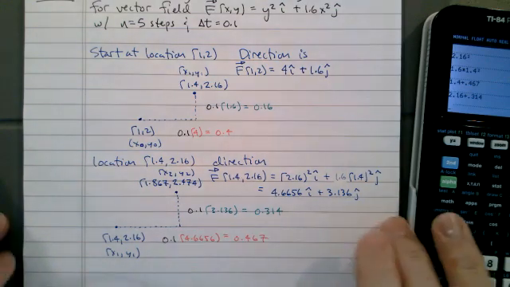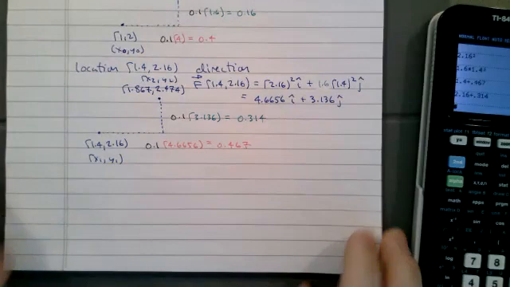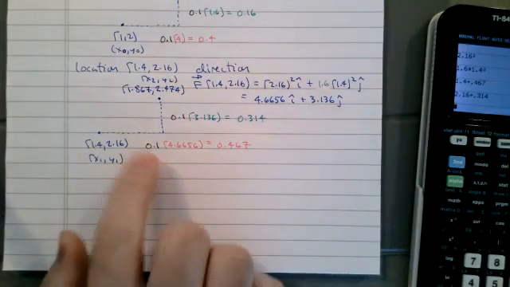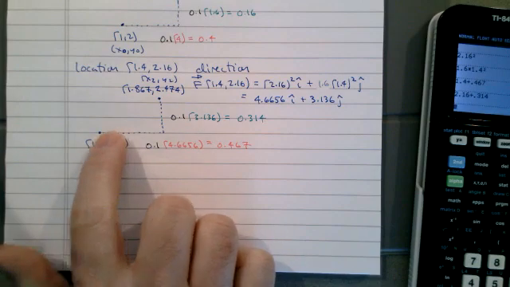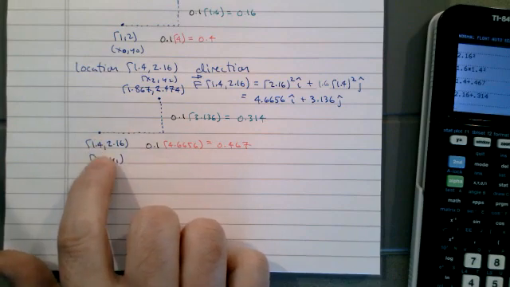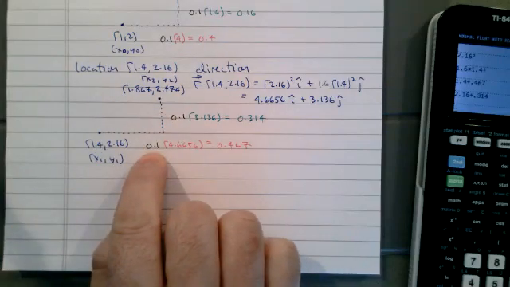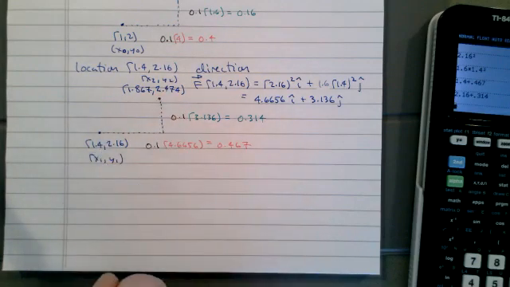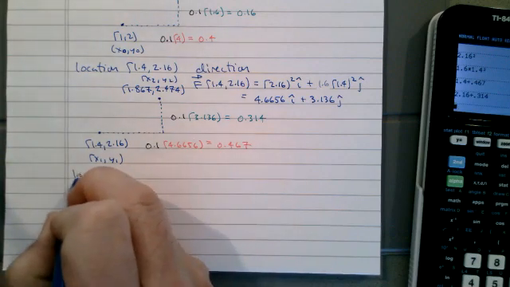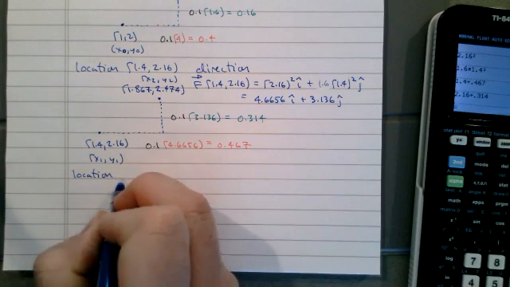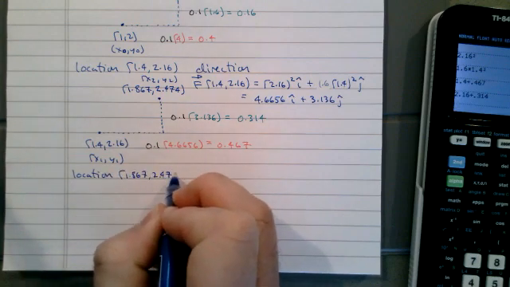Next, now we're at this new location, so the vector field is going in different directions. It's changed in this massive 0.1 step that we've taken. It changes as soon as we step off of this point. But we're going to go in a straight line for 0.1 in both of these directions. But now our location is 1.867 and 2.474.